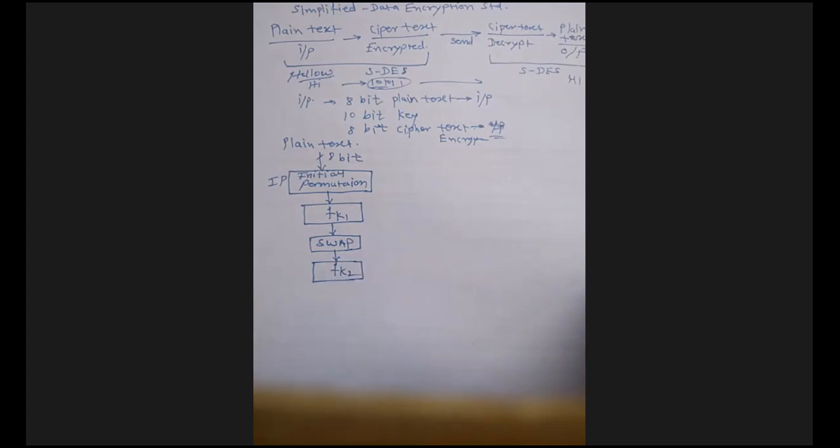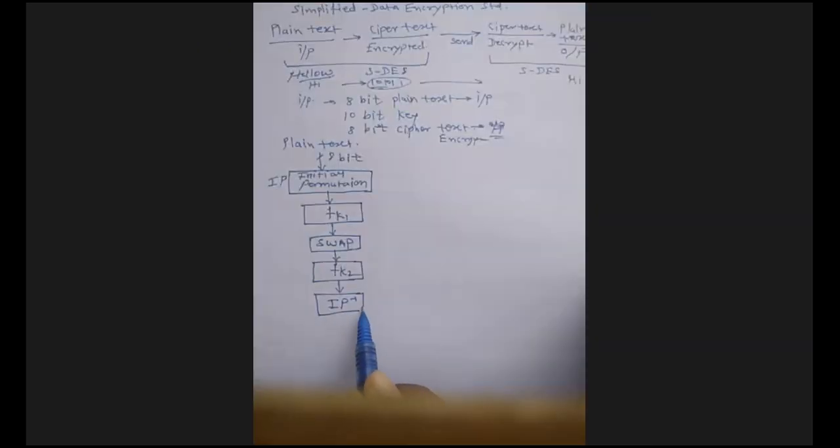Function key 2. Is it visible to you? Suppose I have applied FK2, then after applying FK2, you have to inverse the initial permutation. Here I say IP inverse, you have to apply.